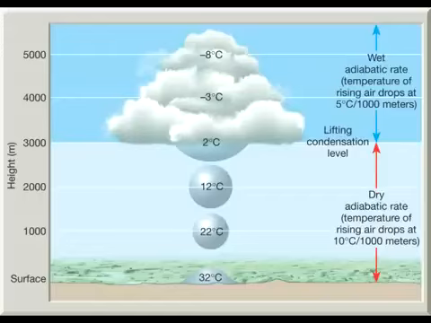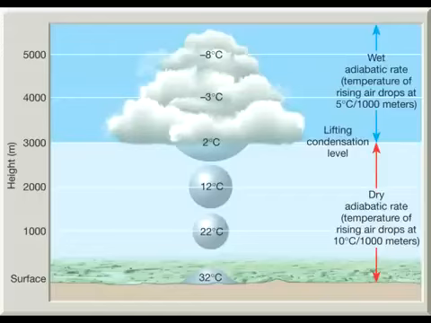We see the formation of clouds. In this example, the dew point temperature, which as you know depends on the water vapor content of the air, is 2 degrees Celsius. At 3000 meters, the air reaches its dew point, 2 degrees Celsius, so any further lifting will cause further condensation and formation of the cloud.